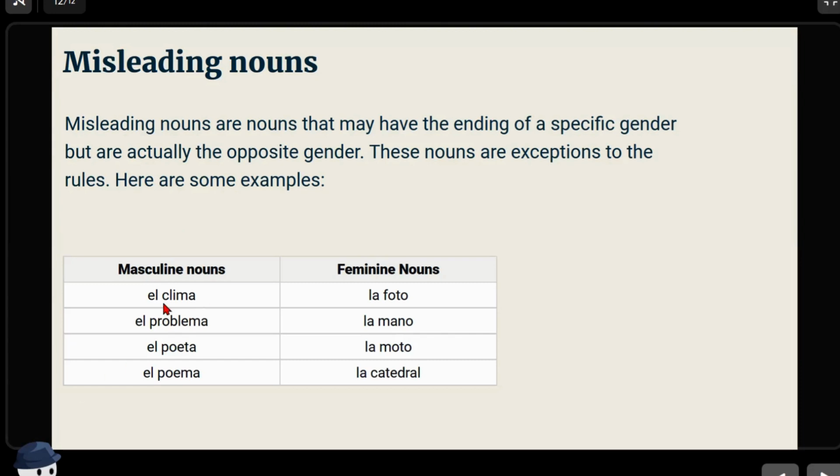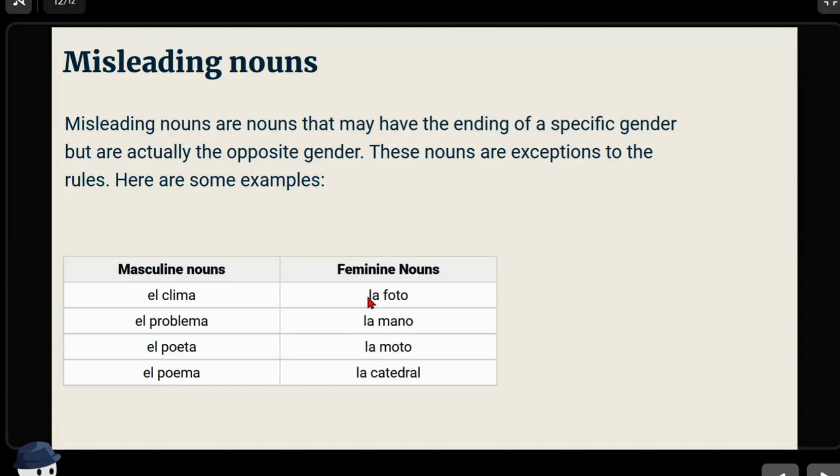But yes, so masculine noun, el clima, which is weather or climate, and that's a masculine noun, of course. El problema, the problem. El poeta, poet. And then el poema, which is poem. La foto. And this one's tricky because I think that la foto is actually a shortening of the word fotografía, right?